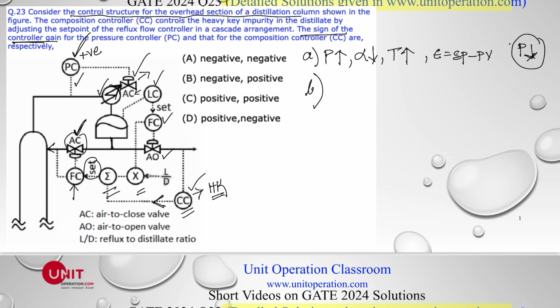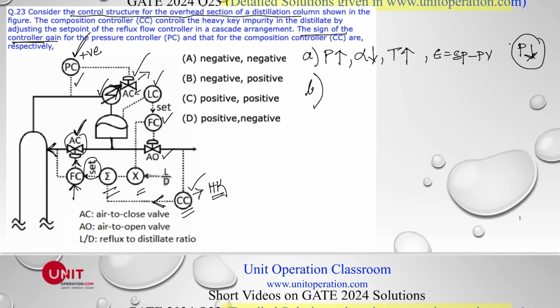If we increase the set point, what will happen? The error will decrease, and correspondingly there will be less flow of air to this particular control valve right here, which will allow more reflux going back to the column.